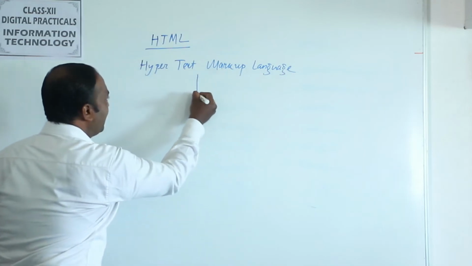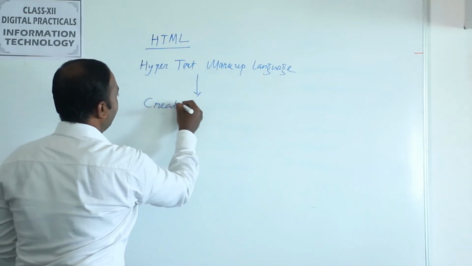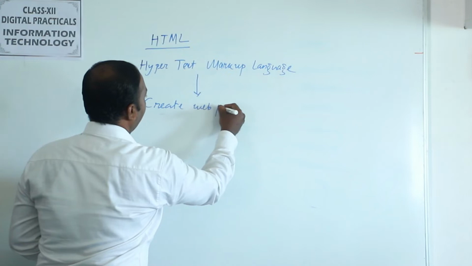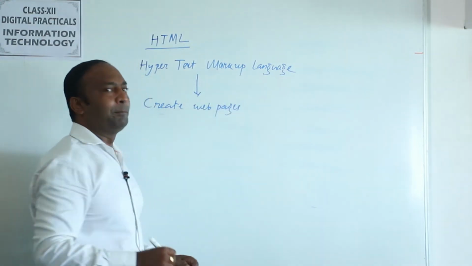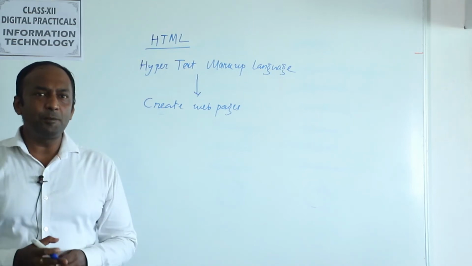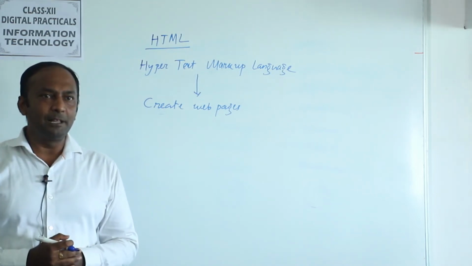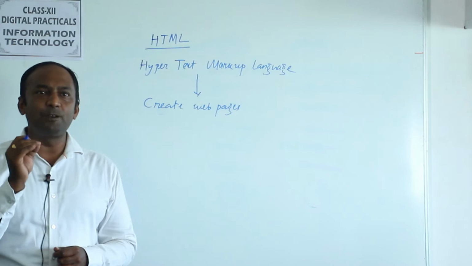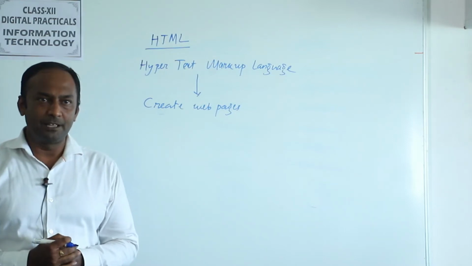And this is mainly used to create web pages. So the 4 experiments that are carried out in HTML are basically to create some web pages containing some information.